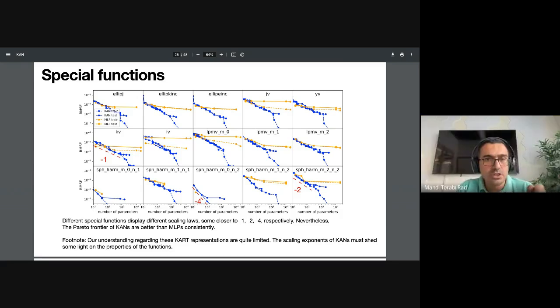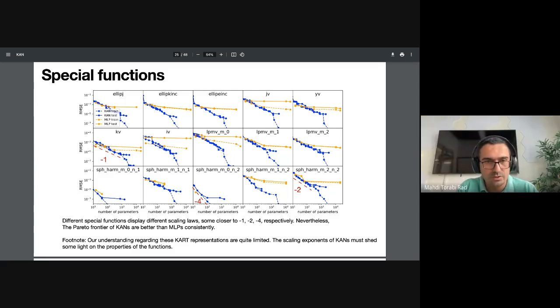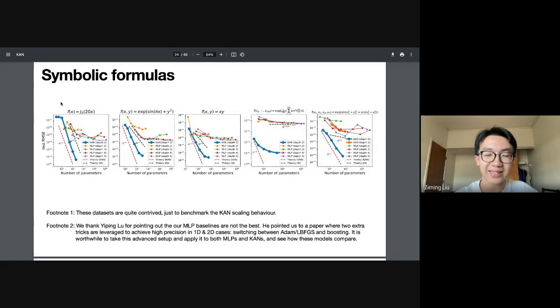Okay, so one other question. With the blue lines for KANs, the error is decreasing because you are increasing the grid points, right? And everything else is constant. In other words, the number of parameters is increasing by increasing G in the paper only. Is that correct? Yeah, that's a bit technical.